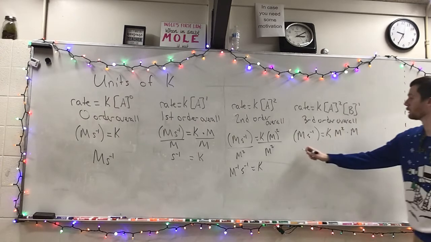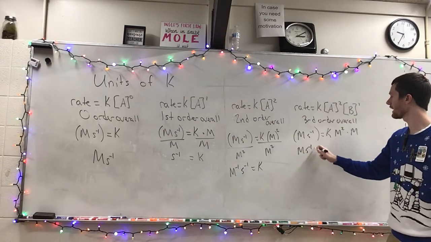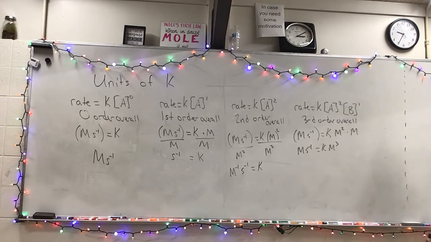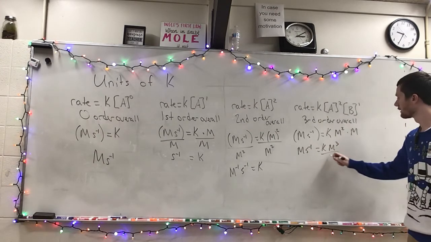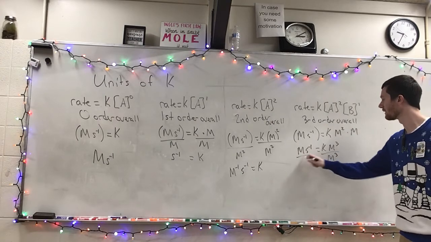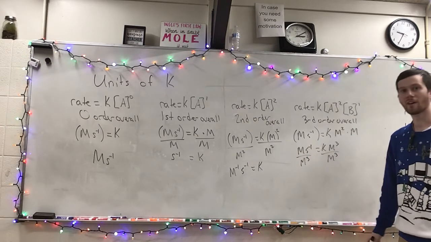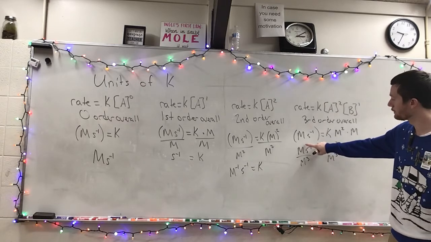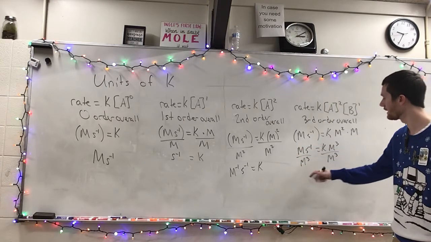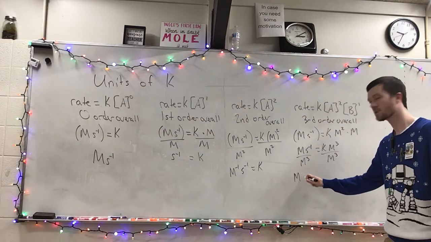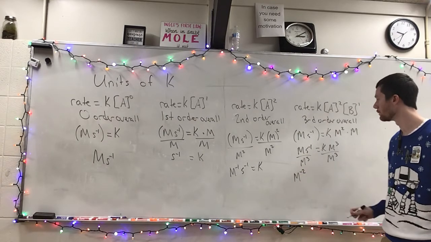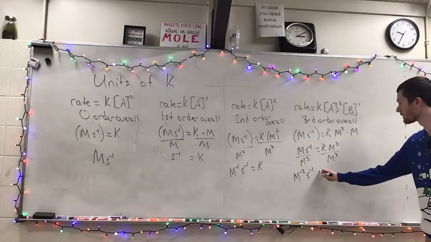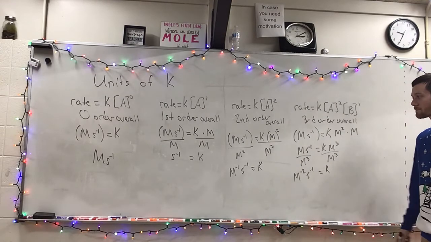So really, you have molar inverse seconds equaling k times molar to the 3rd power. If we divide to get k by itself again, you'll find that you just subtract the powers, if that's really what you want to do. 1 minus 3 is -2. So this is molar to the -2 times seconds to the -1st, equal your units of k.